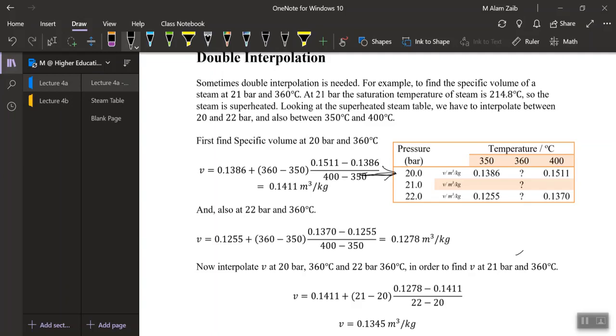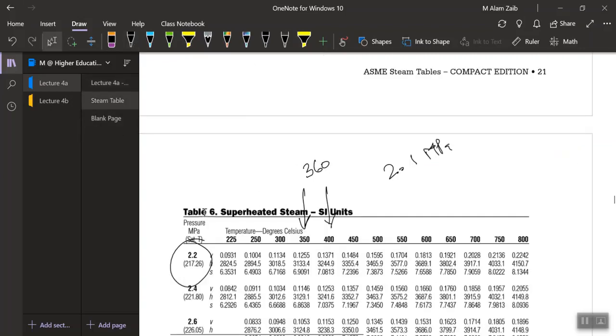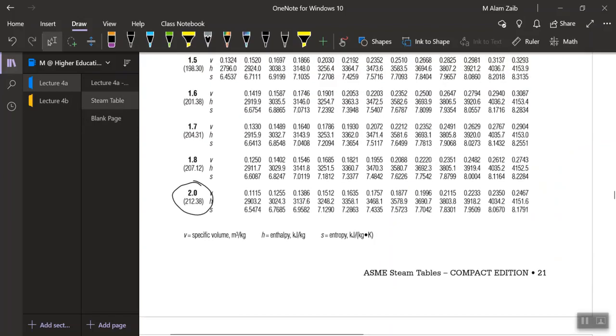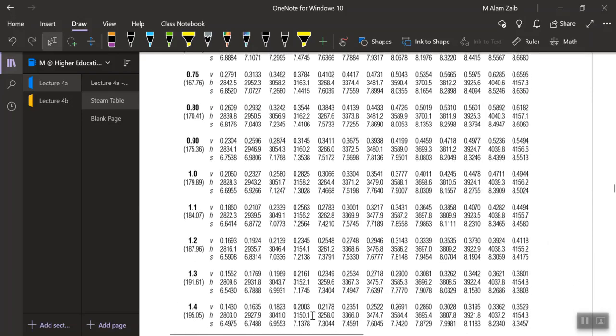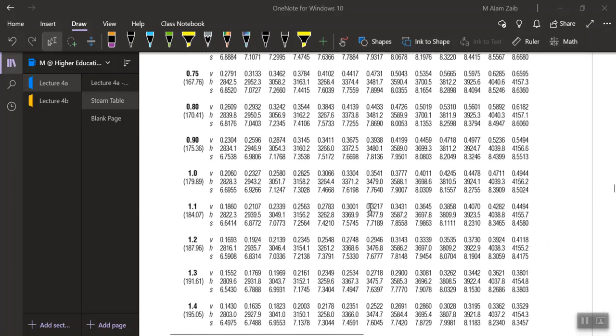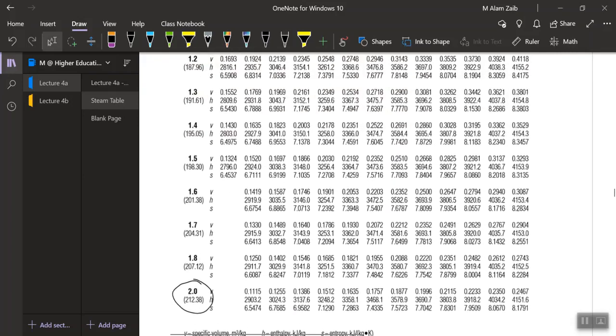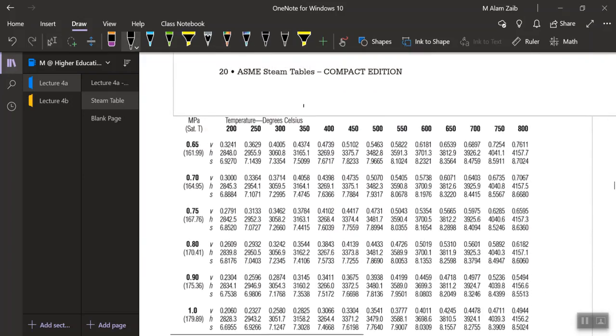Corresponding to that 2.0 megapascal, I have got a volume at 350, and I have got a volume at 400, but I do not have a volume at 360.